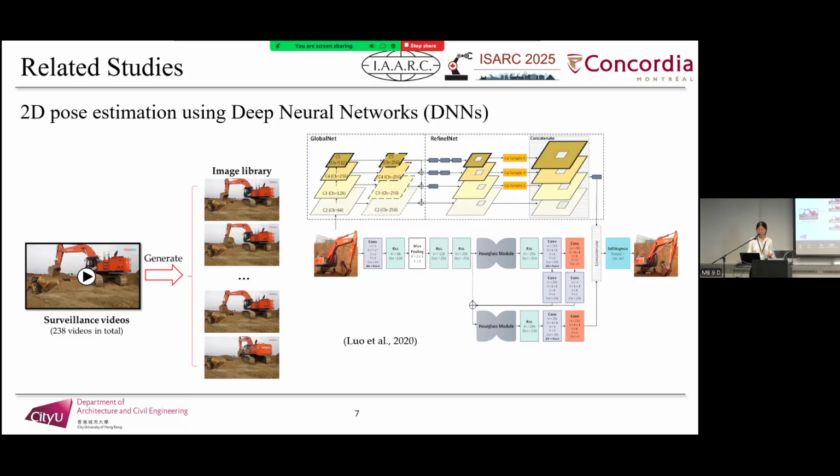But in this process, we can only obtain the 2D coordinates of each joint of the excavators without the depth data. If we can obtain the depth data, it will help us better evaluate the 3D spatial relationship between the coordinates of the excavators and the surrounding workers.